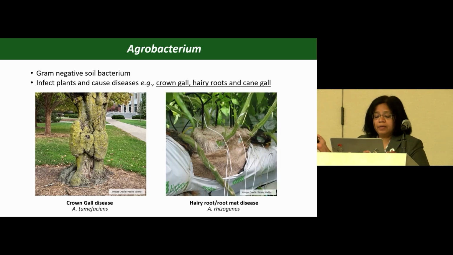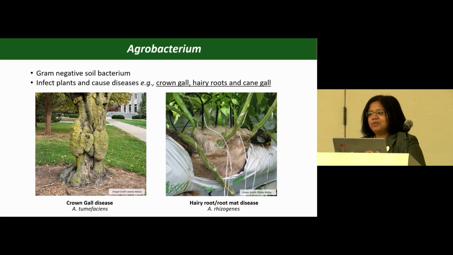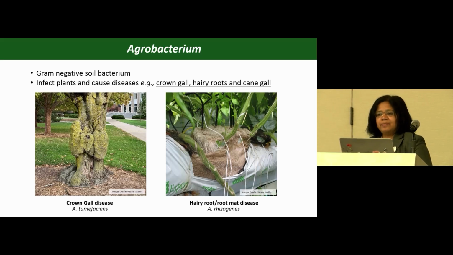The next image is hairy root on tomato in a hydroponic setting. So it's a real problem. People started studying it because it caused disease, and while studying that, they realized its potential to transfer DNA into other organisms. That's what we are utilizing for the genetic engineering of plants.